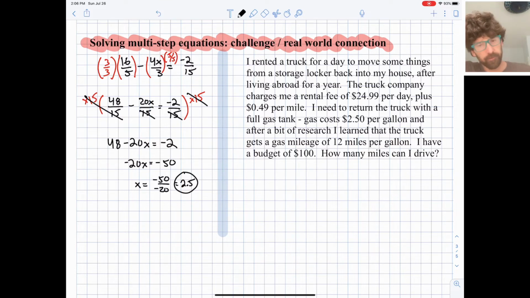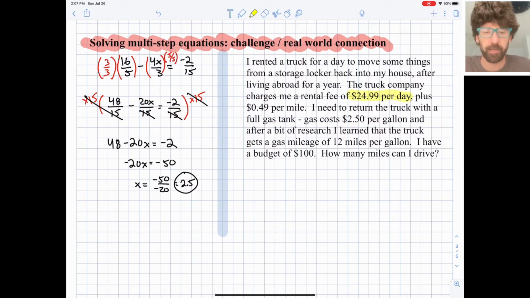Okay, next one, let's look at a real-world connection. And this, again, has some truth to it. I did rent a truck for a day to move some things from a storage locker back into my house after living abroad for a year. The truck company charges me $24.99 a day, so that's a flat rate. And I'm just going to need it for one day, so I know I will just need to pay that $24.99 for just one day.